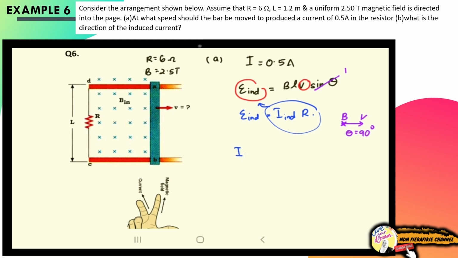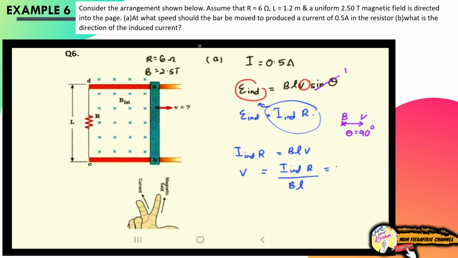Therefore I induced R is equal to BLV. Therefore V is equal to I induced R over BL. So from this equation we can straightly substitute.